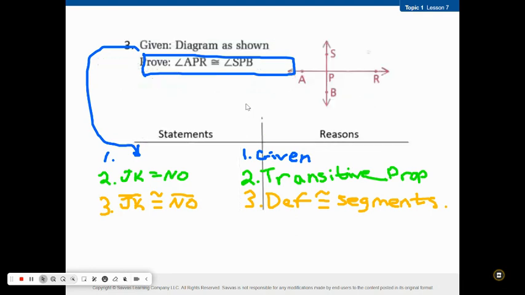All right, here's the next one. Given the diagram as shown, because that can happen, prove that angle APR is congruent to angle SPB.